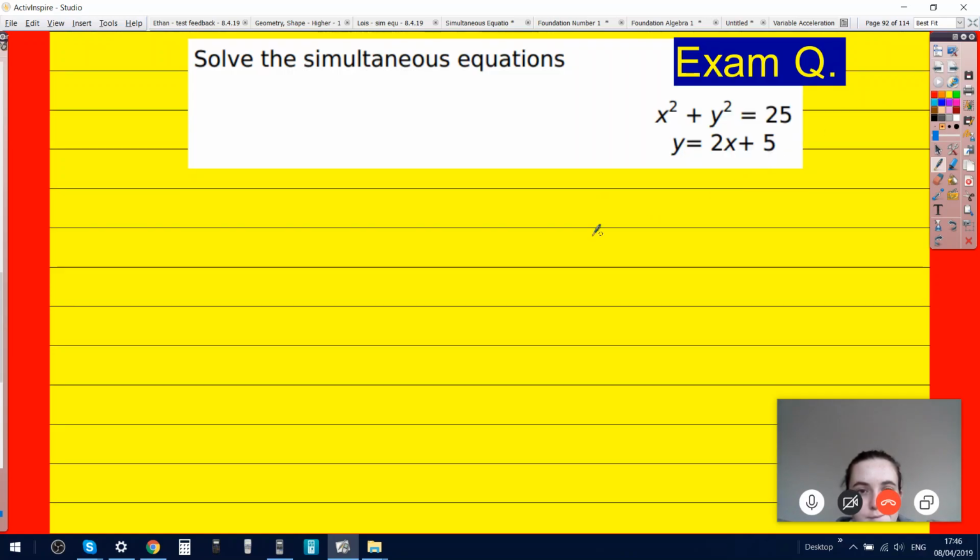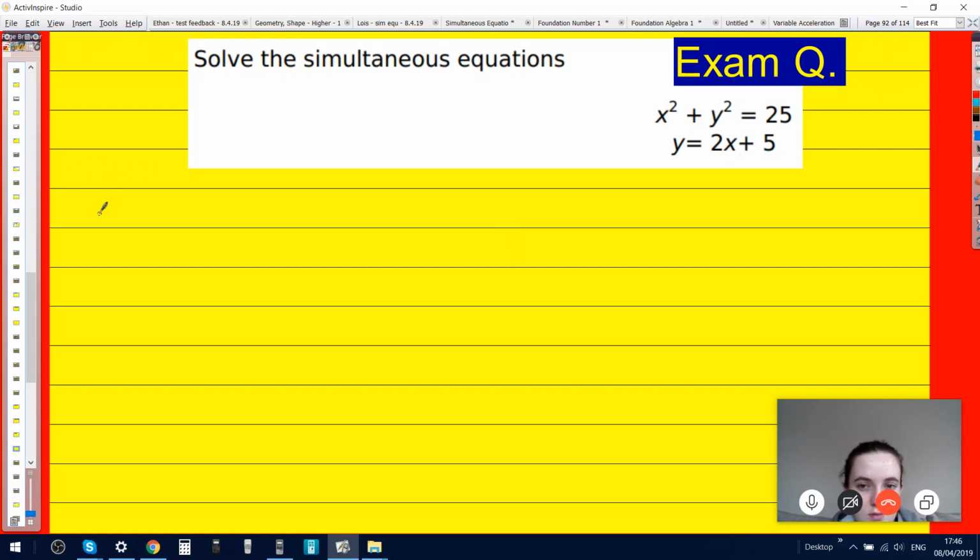Let me just see. Okay, let's do a very difficult one. Y squared is 2x squared plus 25. What does squared mean? Just times itself. And how do you times the bracket by itself?